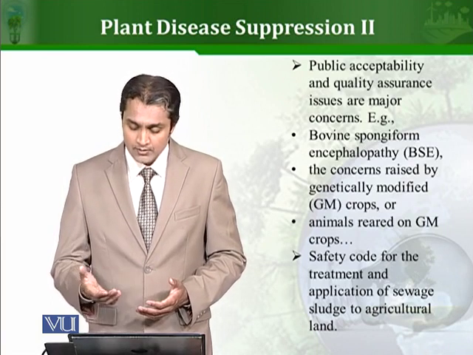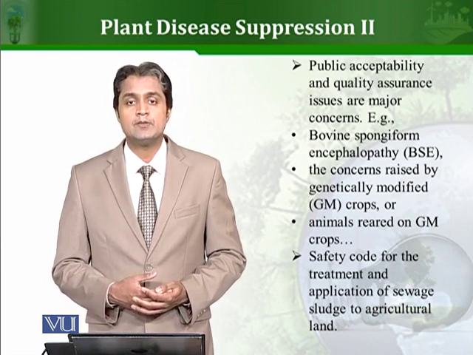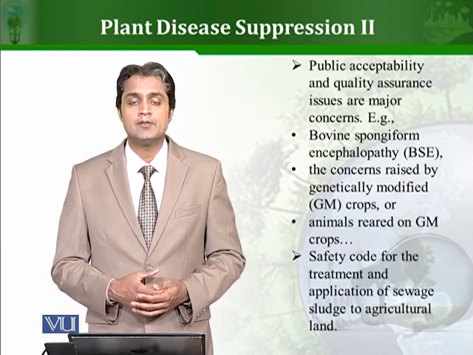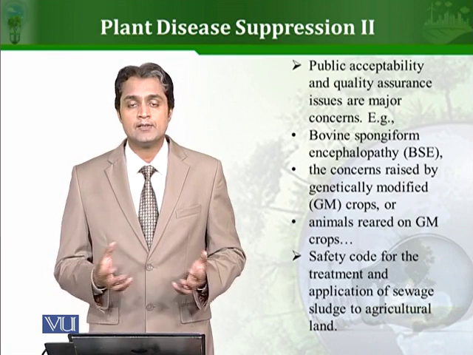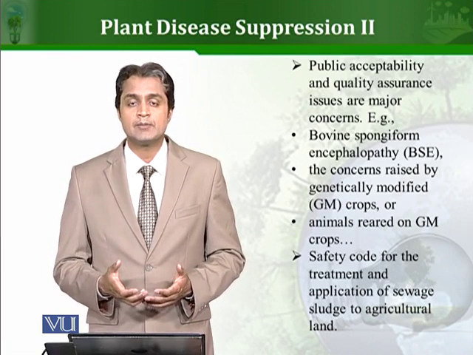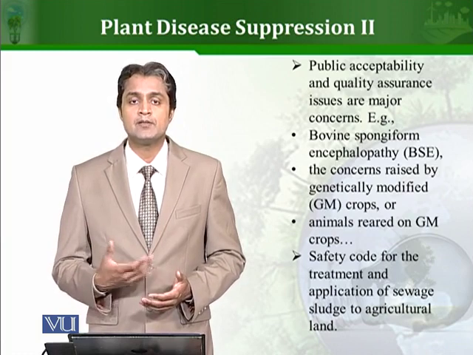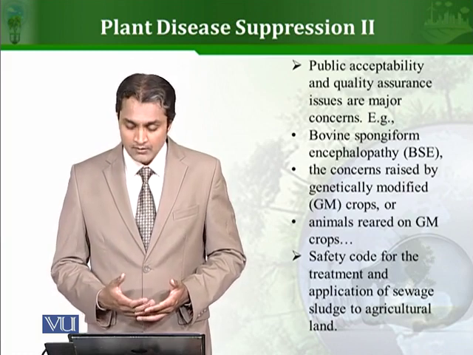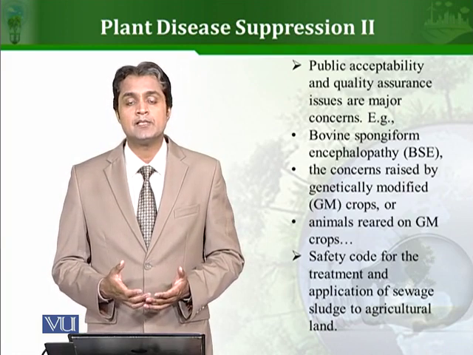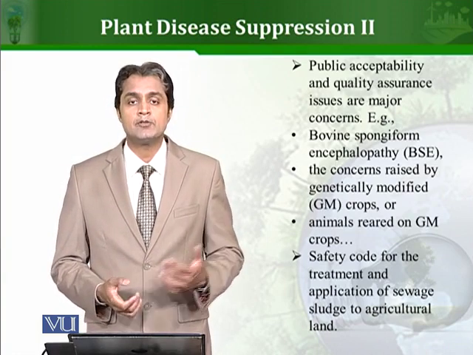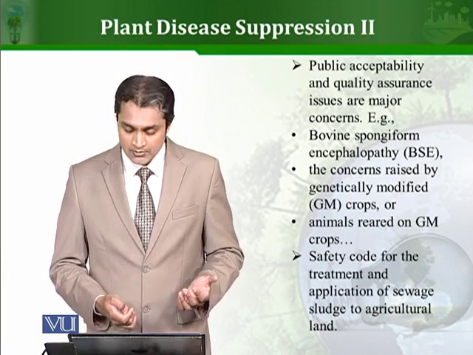Moreover, if we talk about the animals, whether the animals are being reared on genetically modified crops or not, all this depends on public acceptability and how the society thinks about all these approaches. So depending on that, the same technique can be viable in one region of the world but may not be so fruitful in another region of the world.